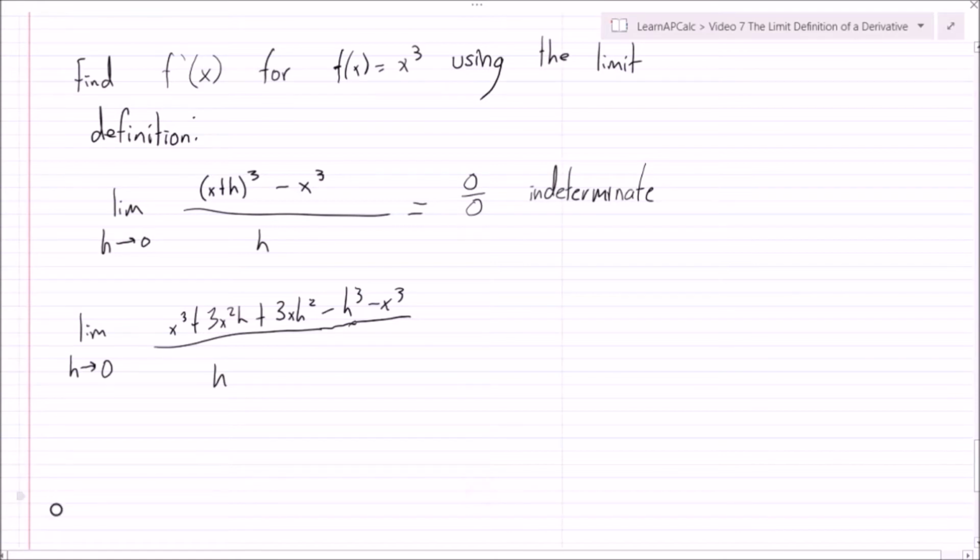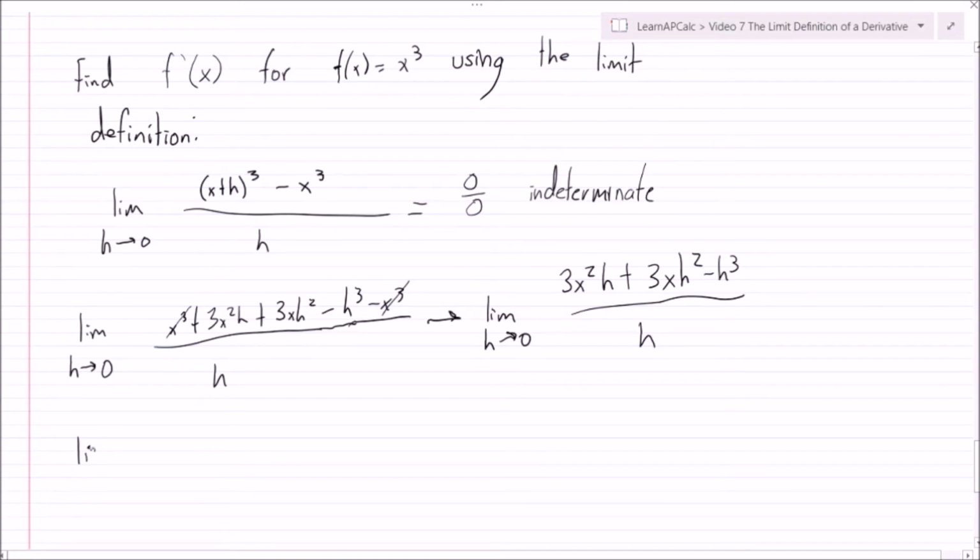So here I can cancel out the x cubes, and I'm left with the limit as h goes to 0 of 3x squared h plus 3x h squared plus h cubed, all over h. Now I'm going to factor out an h from our numerator.